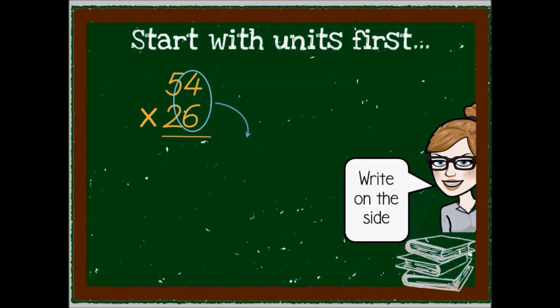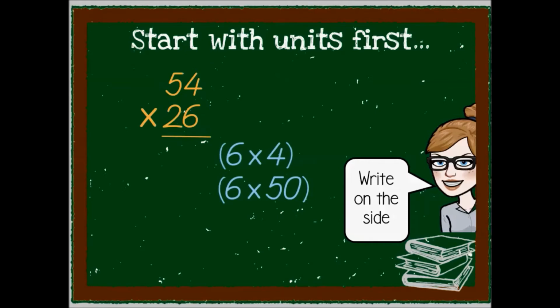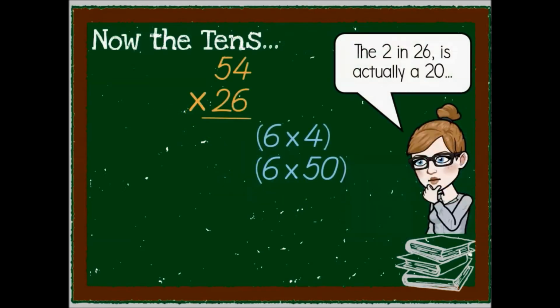So units, that is 6 times 4. Next bite of our lion is to multiply the bottom unit with the top 10, just like we did in our previous video. So what is that? 6 times 50.